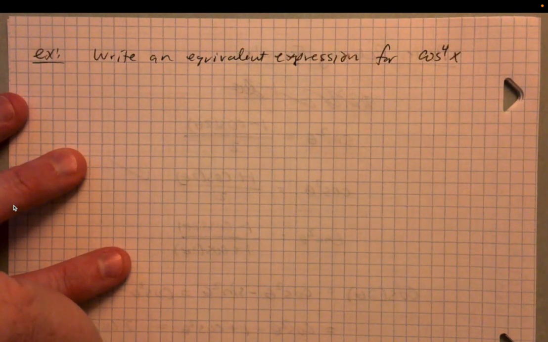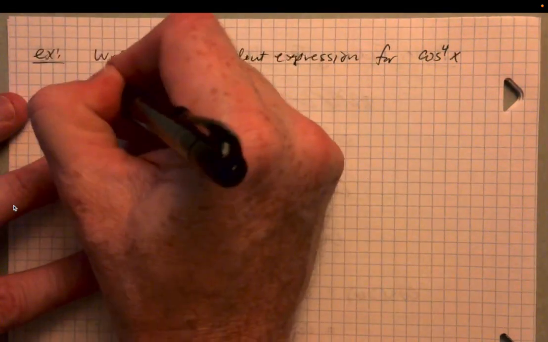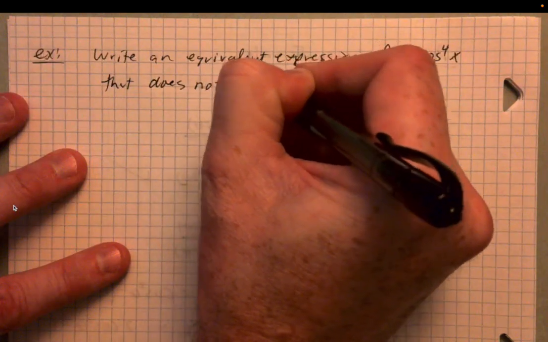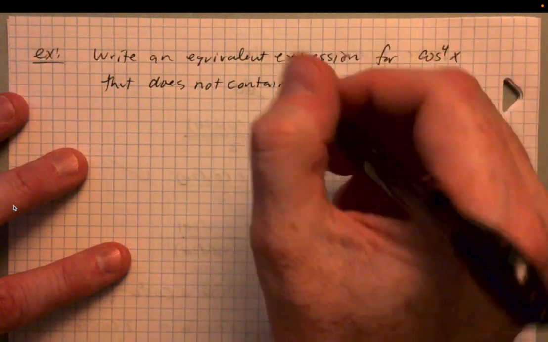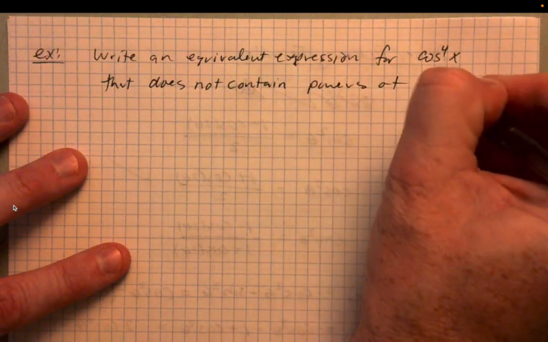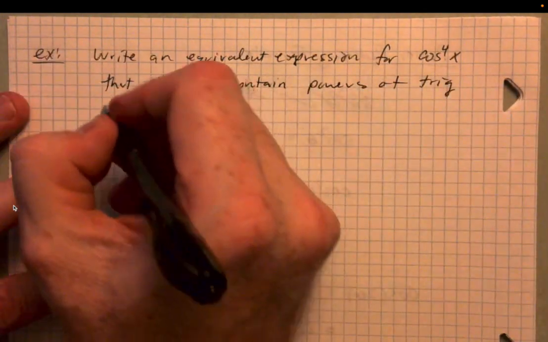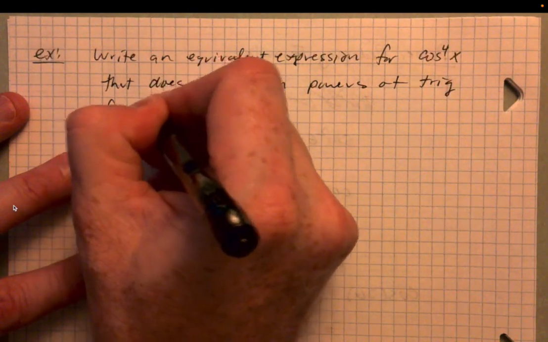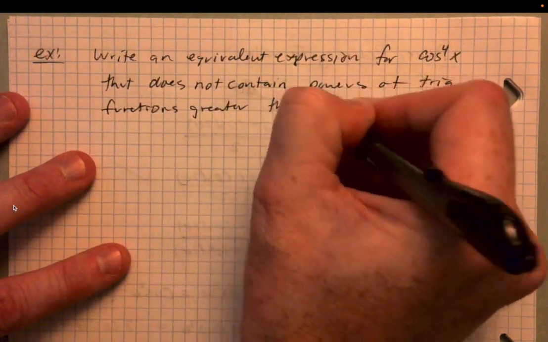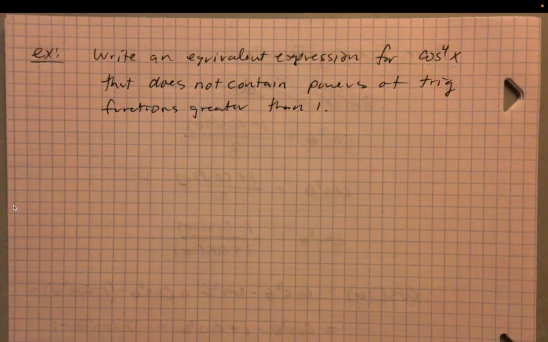Right? So we want to write an equivalent expression for cos x to the 4th power that does not contain powers of trig functions greater than 1. Right, so we basically need to re-express this thing.